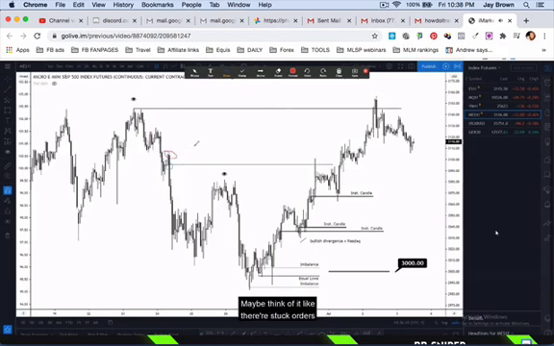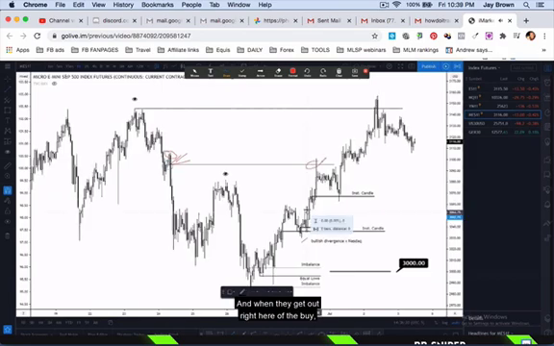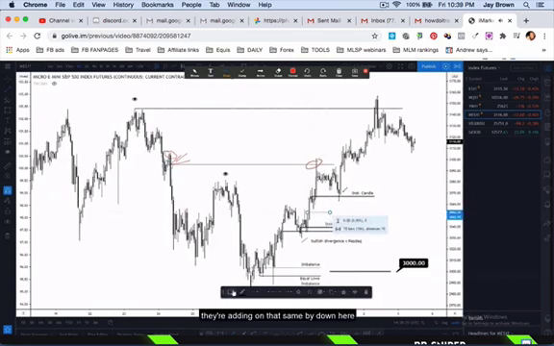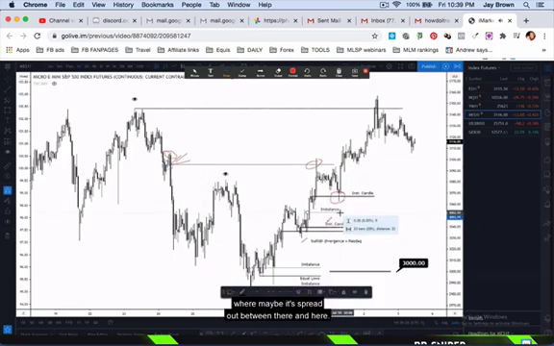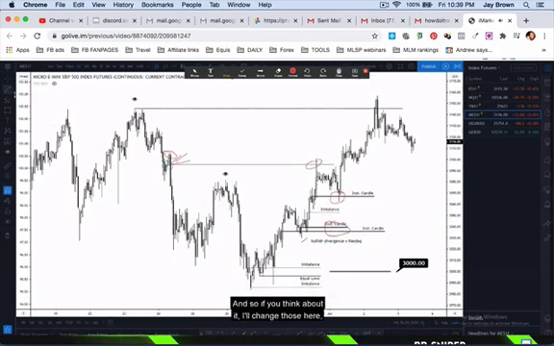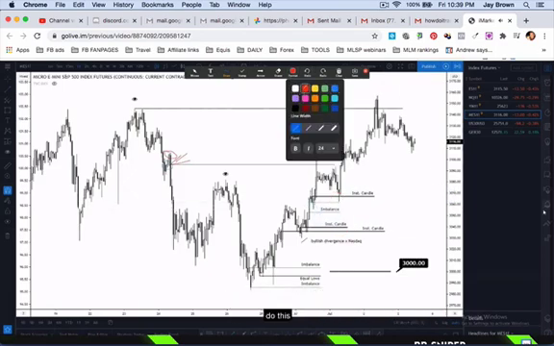Maybe think of it like there's stuck orders right here at the blue up candle. And when they get out right here of the buy, they're adding on that same buy down here. Or maybe it's spread out between there and here.